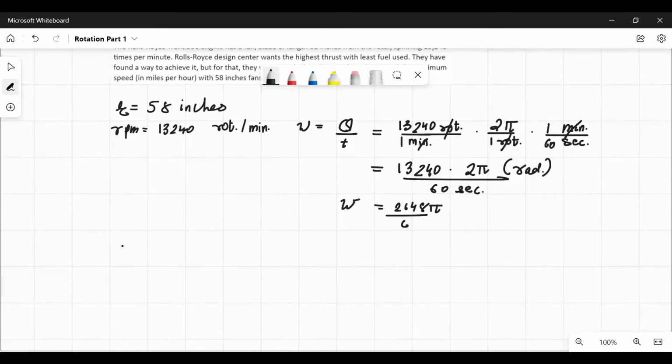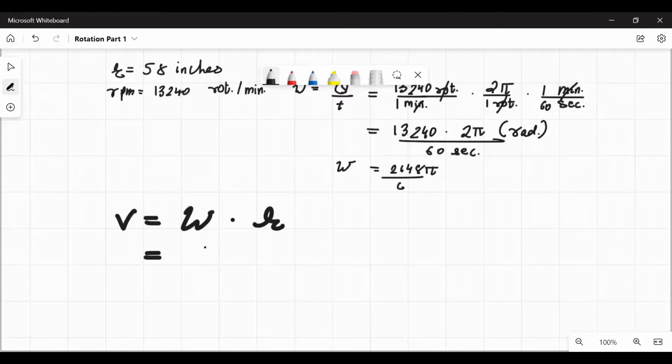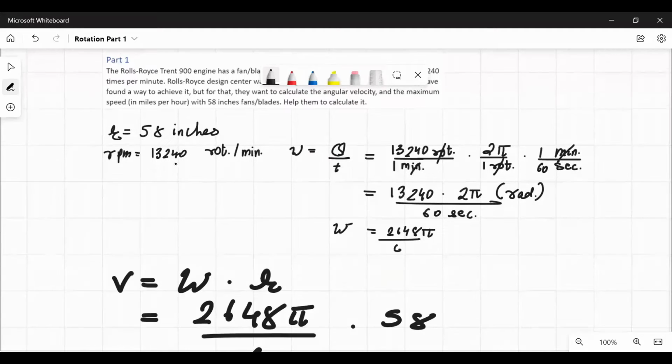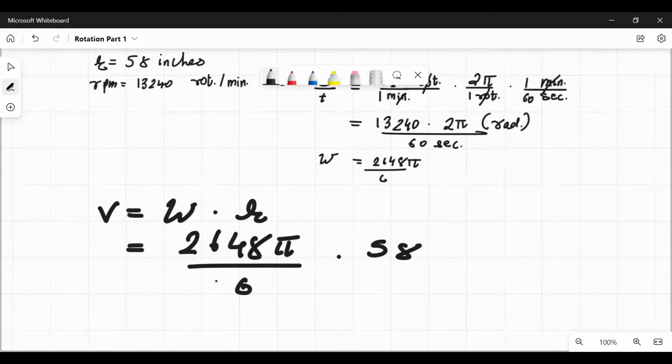Speed is denoted as v, of course. So it equals angular velocity times the radius. So this is 2648 pi over 6, that's your angular velocity, times 58, since our radius was 58 inches.